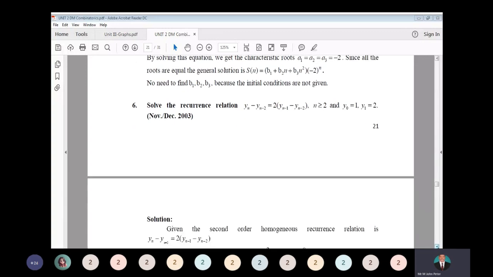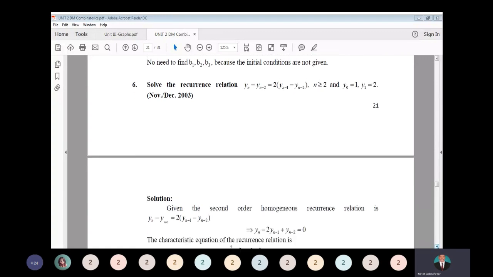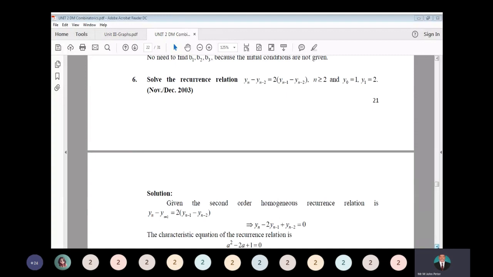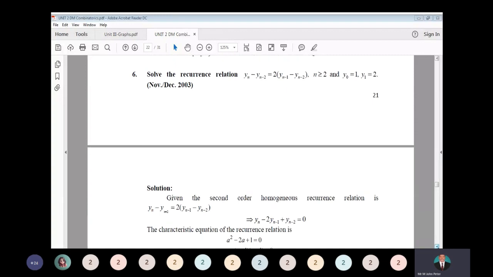Solve the recurrence relation y n plus 2 equals 2 into y n plus 1 minus y n, where n greater than or equal to 0, and the initial conditions y0 equal to 1 and y1 equal to 2.